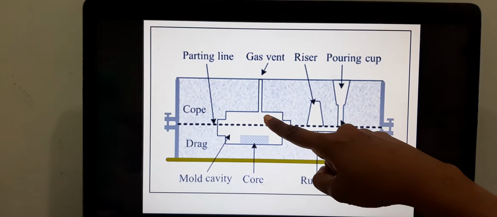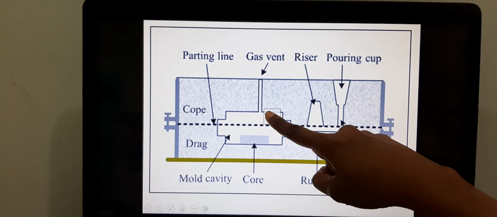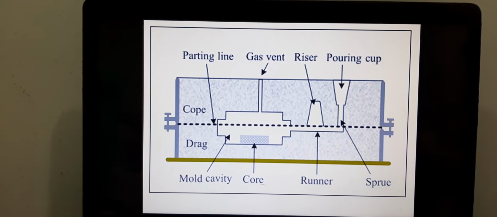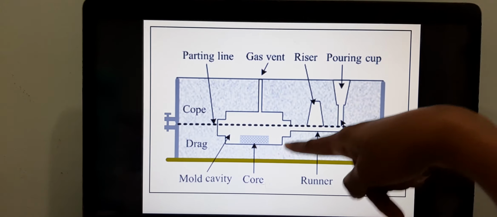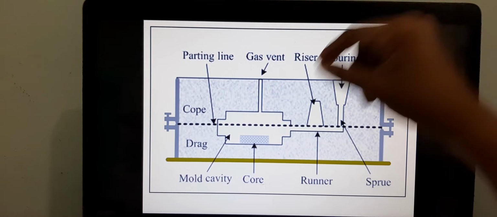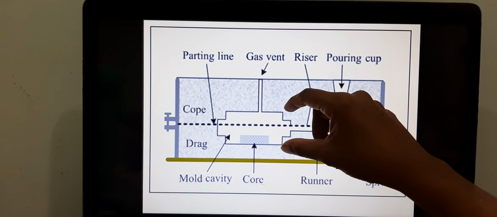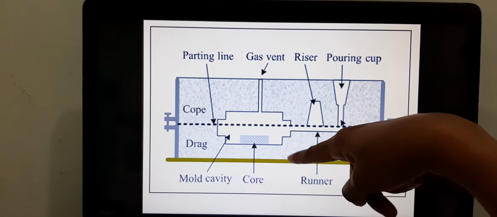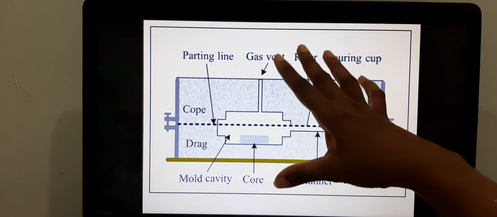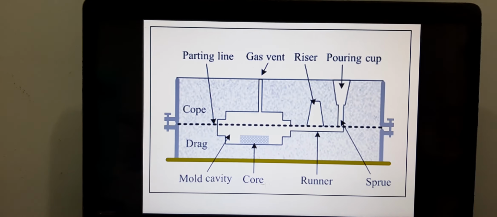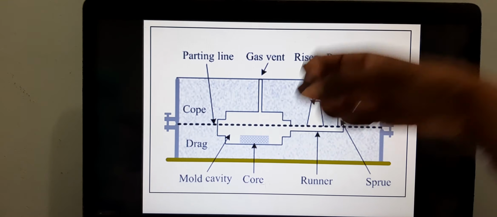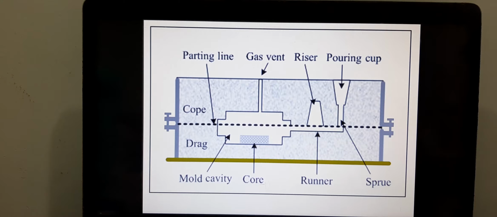Initially there is a pattern in the top half and another pattern in the bottom half, and then you compact the sand around it. When you remove the pattern slowly, the shape will remain if you have constructed the mold well. If you have not constructed the mold well, the moment you remove the pattern, the mold may collapse.